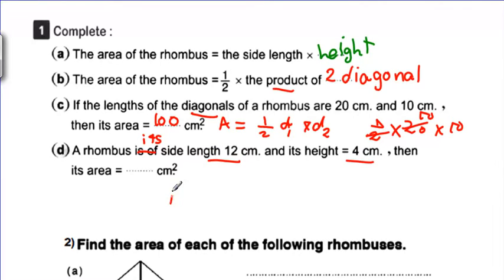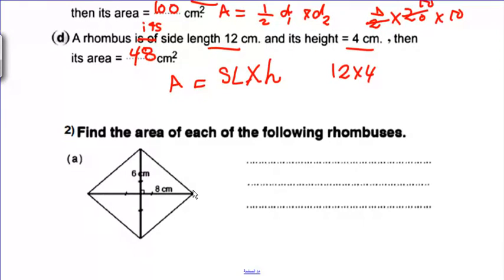So I will write the rule of area according to its side length times height. 12 times 4, 4 times 2 equals 8, 4 times 1 equals 4.